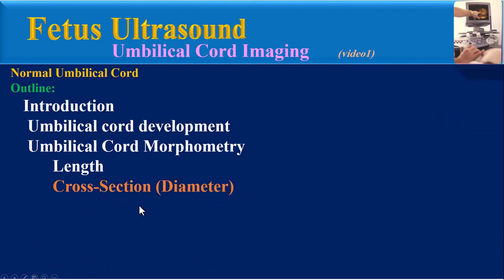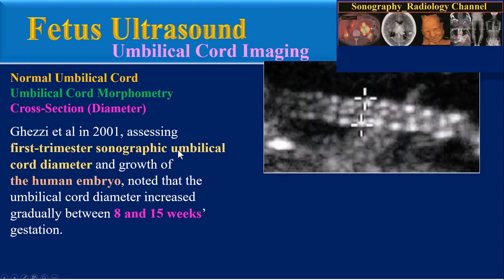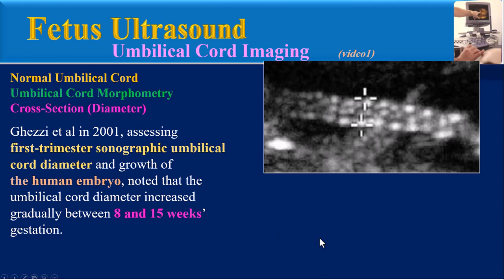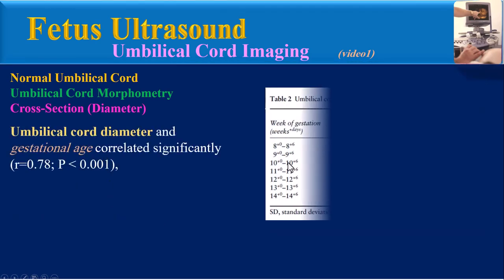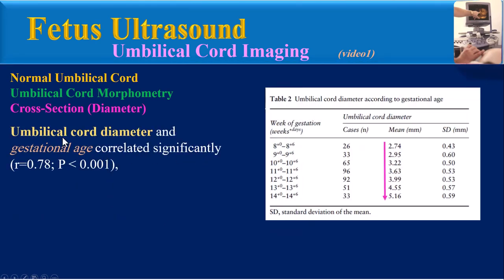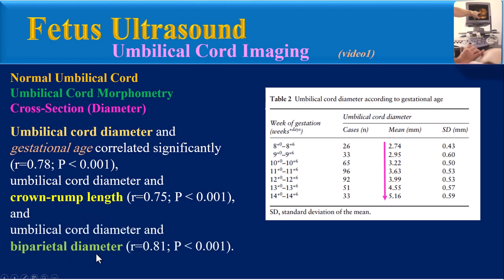Umbilical cord cross-section or diameter. This study assessing first trimester sonographic umbilical cord diameter and growth of the human embryo noted that the umbilical cord diameter increased gradually between 8 and 15 weeks gestation. In addition to a significant correlation between the umbilical cord diameter and gestational sac, they also found a correlation between umbilical cord diameter and crown-rump length and also biparietal diameter.